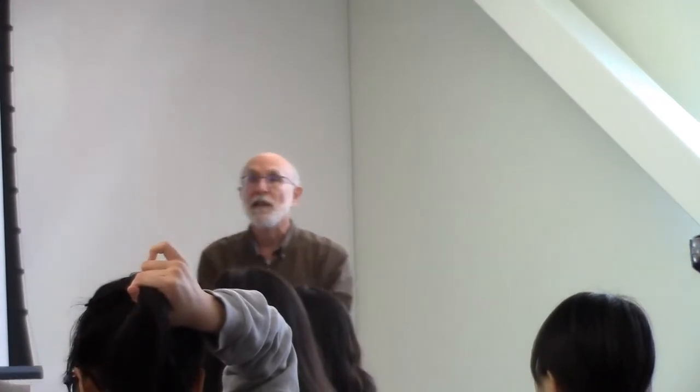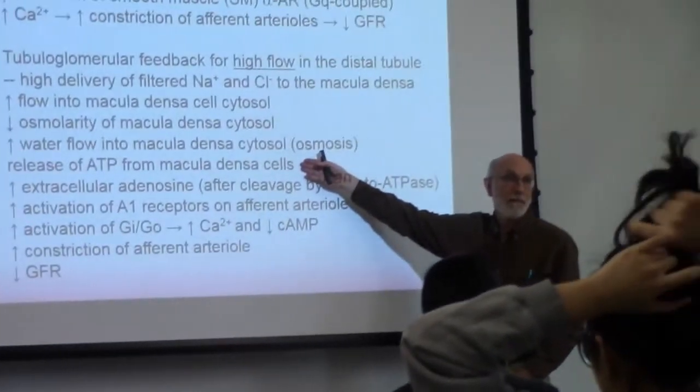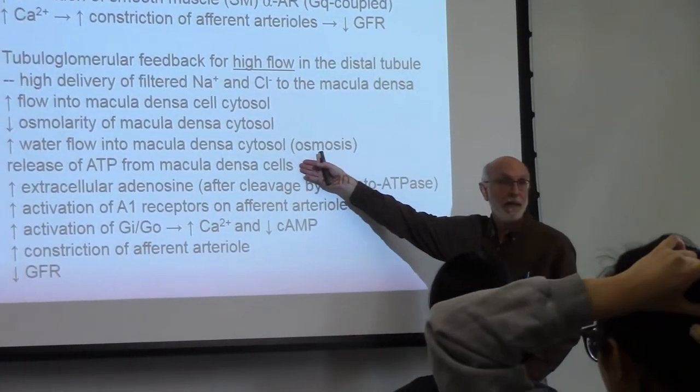What's the difference between endocrine and paracrine? Distance, okay, so endocrine is long distance signaling, and paracrine is a short distance, diffusion-based signaling event. So ATP is released from the macula densa cells.